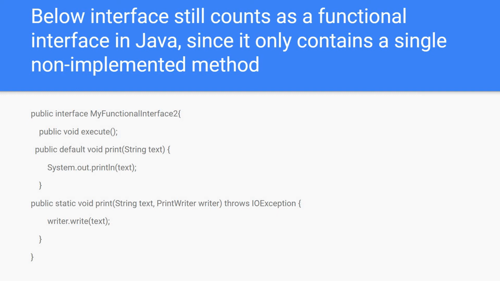This default method has a body, and below we also have a print method. It is accepting two arguments, String text and PrintWriter object. So it also contains a body. So it is also a functional interface.